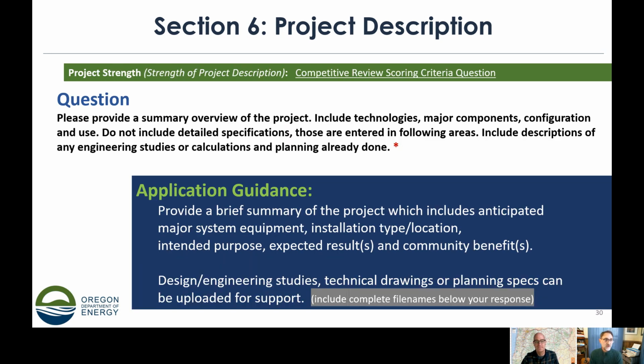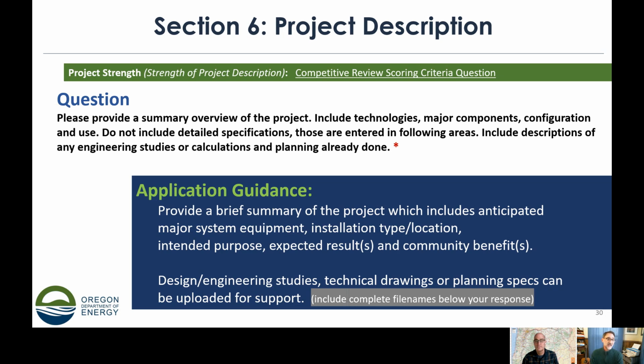As we continue moving forward through the Section 6 key questions, we come to this one. This is a very important one to really pay attention to each piece of, and that is: please provide a summary overview of the project. Include technologies, major components, configuration, and use. Do not include detailed specifications, as those are entered in the following areas.